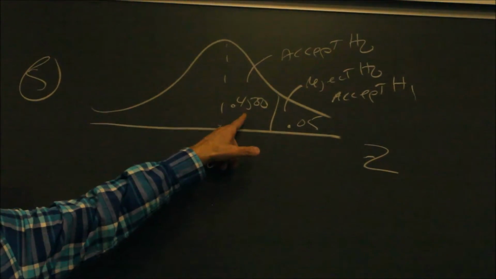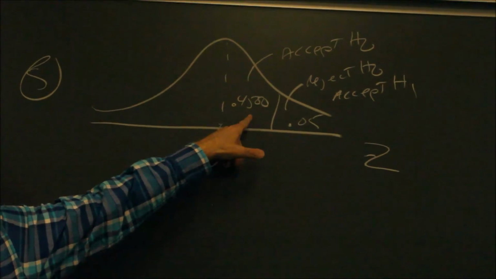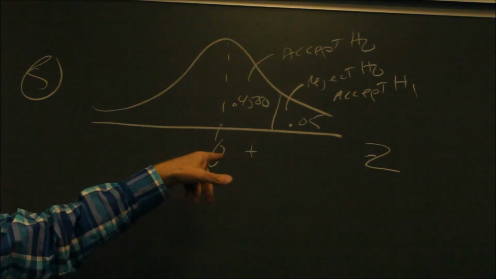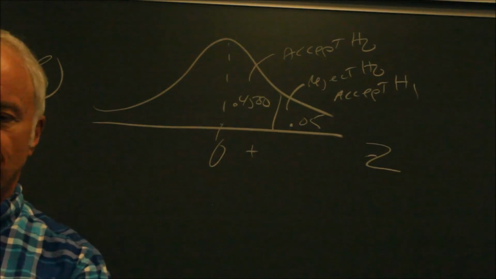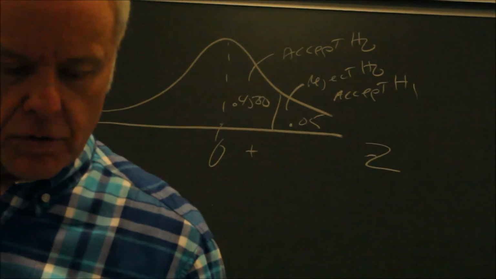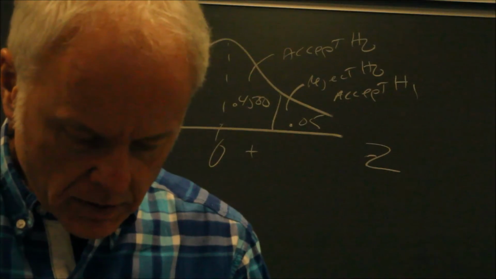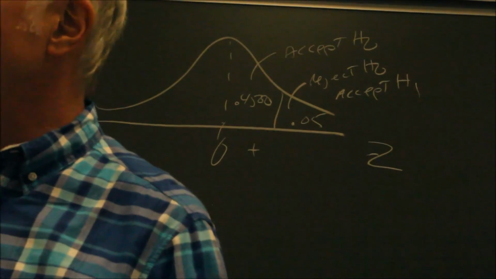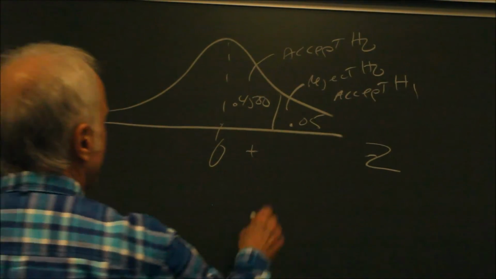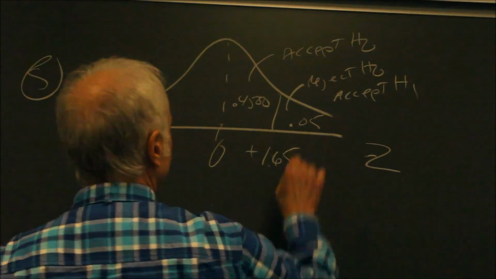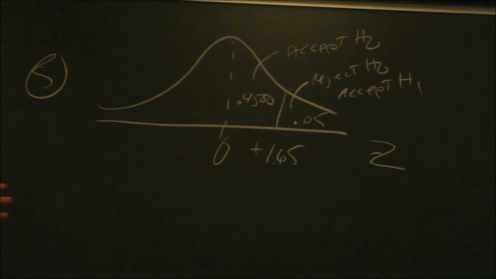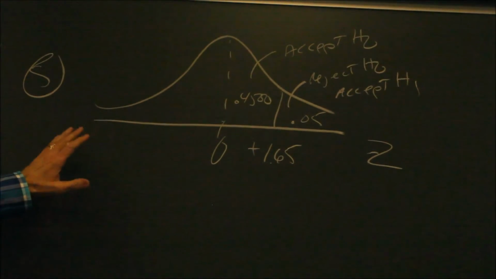So when you look up 0.4500, what is the critical value? 1.65, 1.64, 1.65. Either one is all right, so we'll put 1.65, or 1.64, or 1.645. It's fine. And so this is the decision rule.